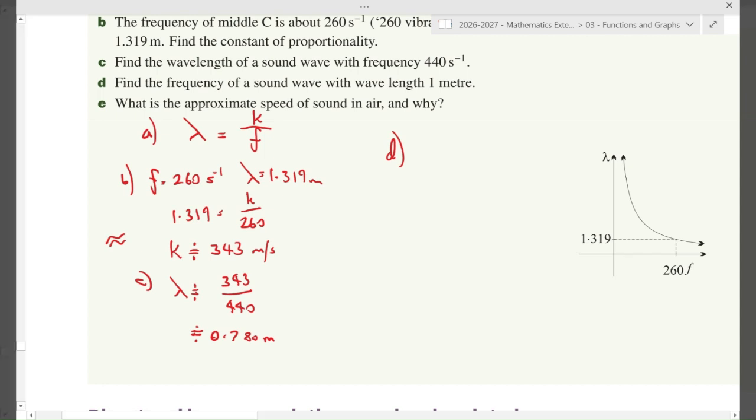That means your lambda is 1 meter, equals, well, we already know what k is, 343, over f. And that is frequency. So it says find the frequency. Lambda is wavelength, not frequency. Wouldn't you rearrange it so that it's clear? Yep, rearrange it.